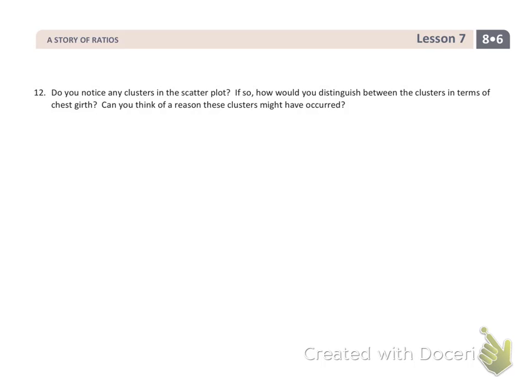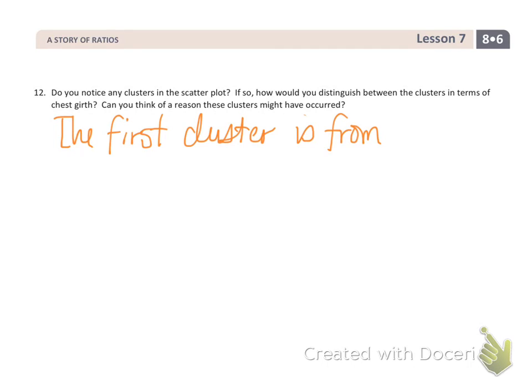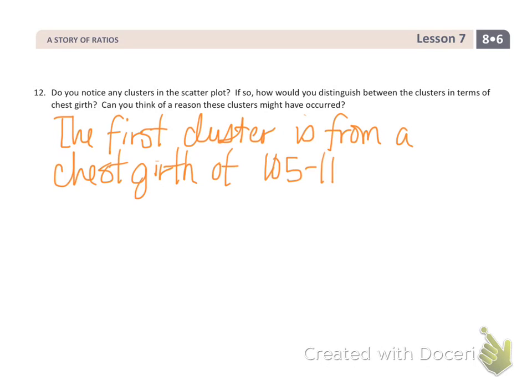So we could say the first cluster is from a chest girth of 105 to 115 centimeters.